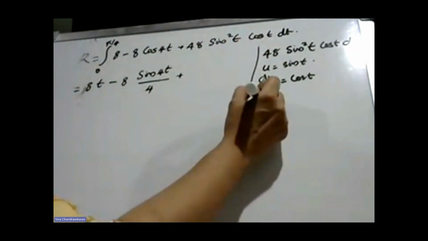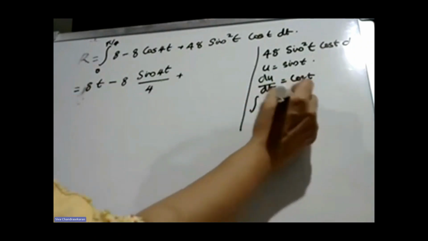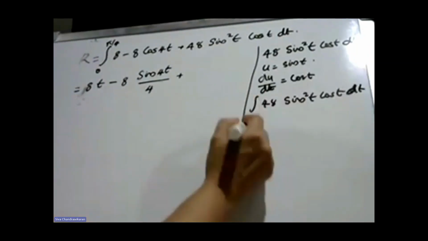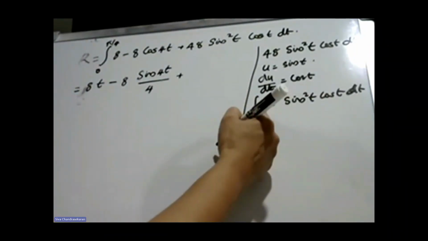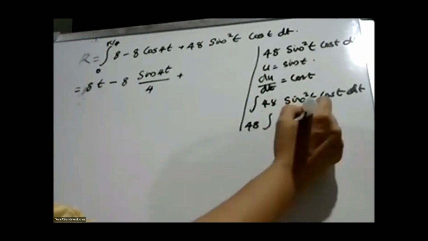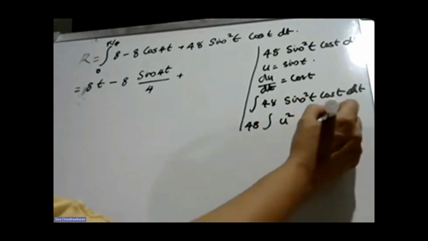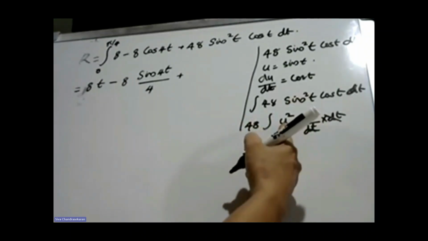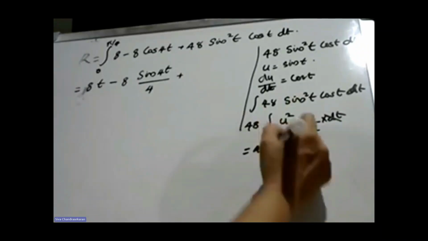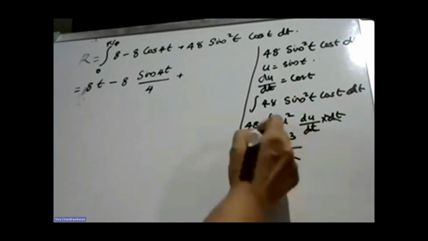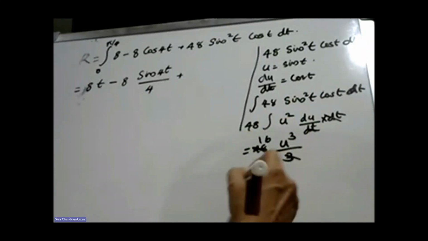So the integral of 48 sine square t cos t dt is 48, which I can take outside because that is a constant, times the integral of u square, which is u to the power 3 over 3. So this gets cancelled and this is 16.